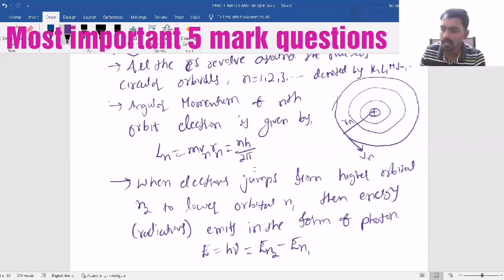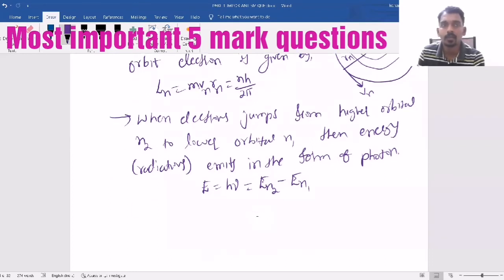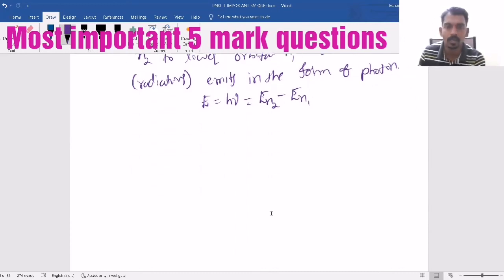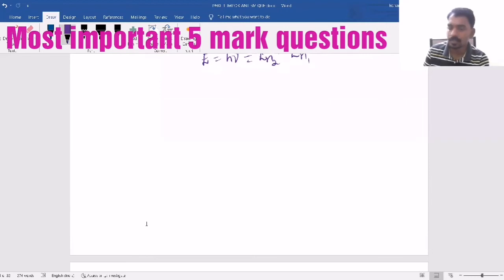So what he concluded is that all the electrons revolve around the nucleus in circular orbits whose angular momentum is quantized, and each orbital has some binding energy. And when an electron jumps from a higher orbital to a lower orbital, radiation is emitted in the form of a photon, and that photon energy is given by this equation, energy of higher level minus energy of lower level.